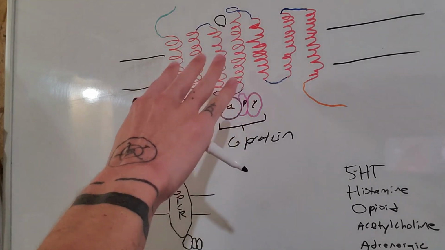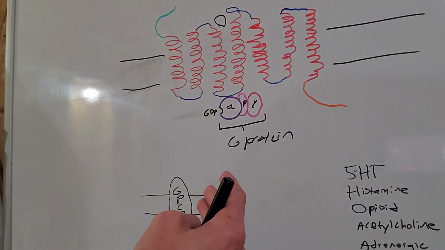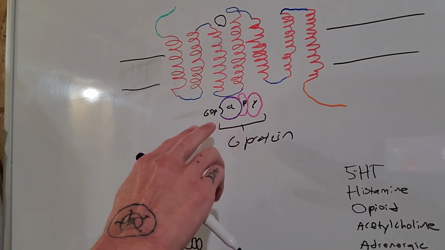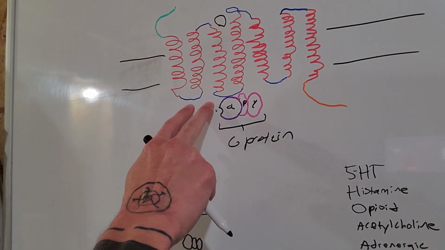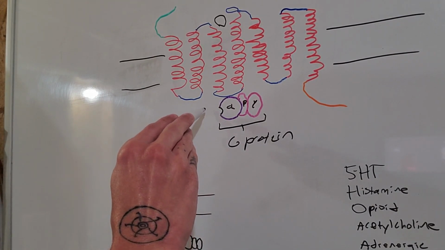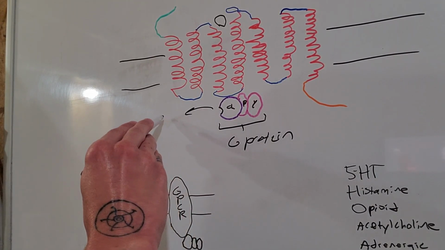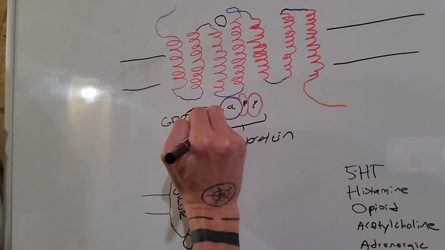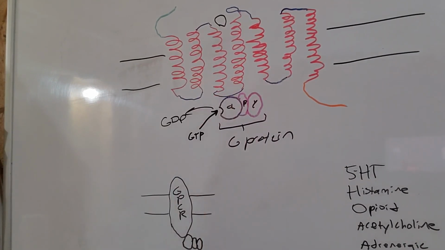So when the receptor complex begins to act as a guanine exchange factor, it essentially causes the GDP to dissociate from the alpha subunit. So the GDP moves away and is replaced by GTP, which activates the G protein.